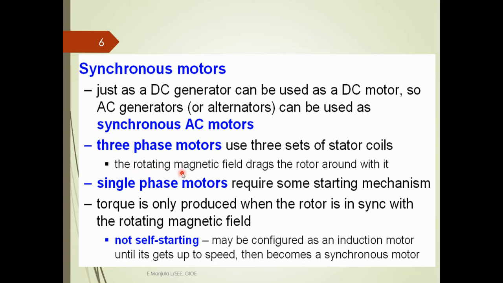Here the rotating magnetic field drags the rotor around with it. Single phase motors require some starting mechanism. Torque is only produced when the rotor is in sync with the rotating magnetic field.